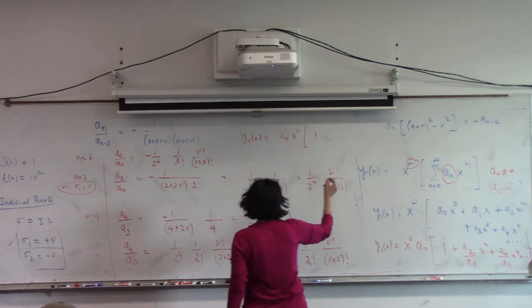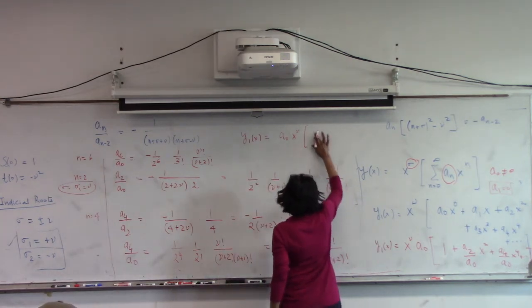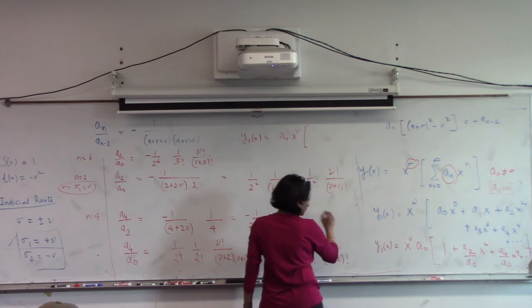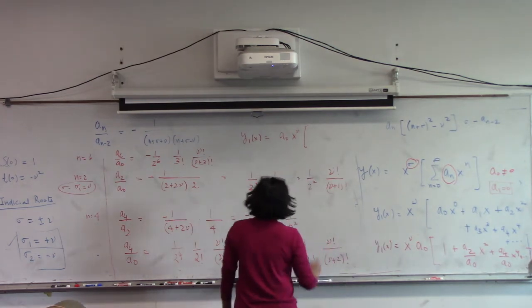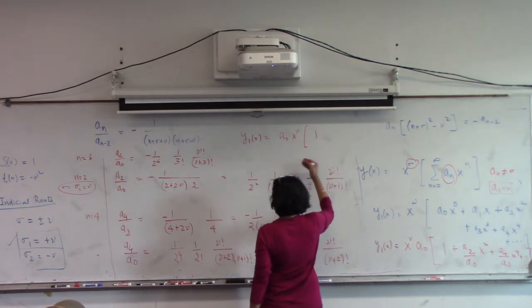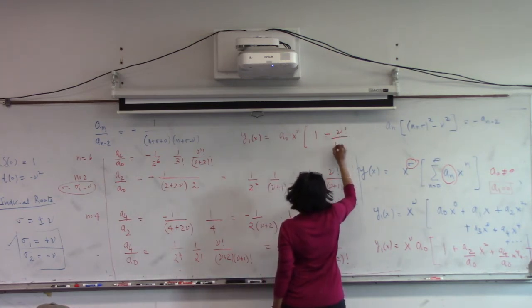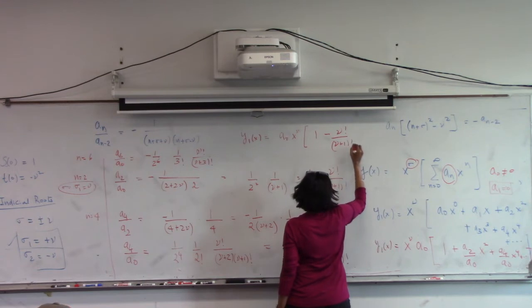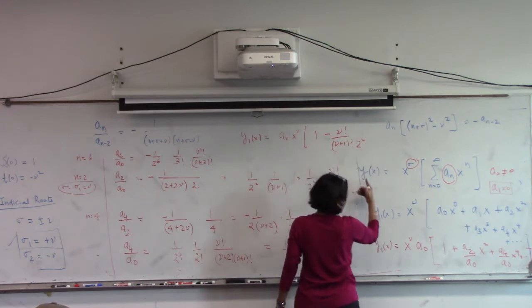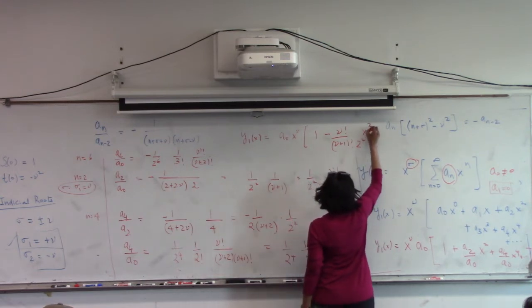But I know I have all these things, all these A2 over A0, A4 over A0 and all that. Maybe I'll write one, but I want to predict also. I want to use that x squared.